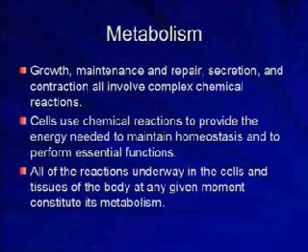Metabolism. Growth, maintenance and repair, secretion and contraction all involve complex chemical reactions. Cells use chemical reactions to provide the energy needed to maintain homeostasis and to perform essential functions. All of the reactions underway in the cells and the tissues of the body at any given moment constitute its metabolism.